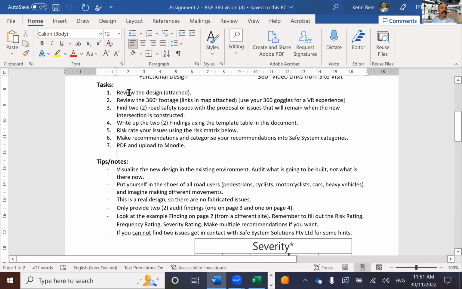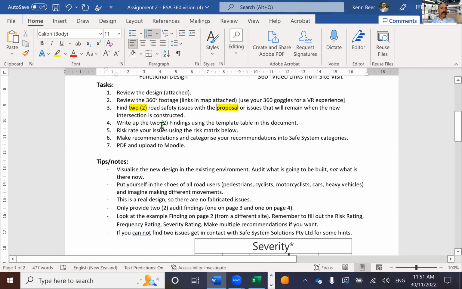Review the designs, look at the 360-degree footage, and then we want you to find 2 road safety issues, only 2, with the proposed design, the proposal, not what's currently there. Or it might currently be there and remain, and you're concerned about it.